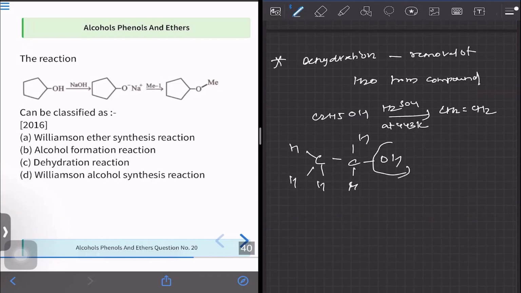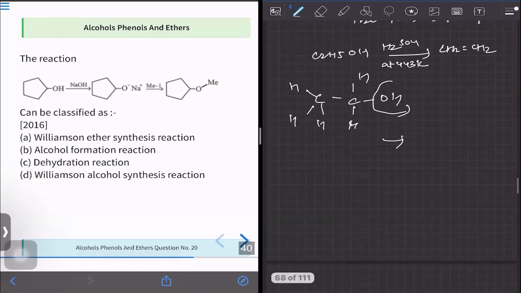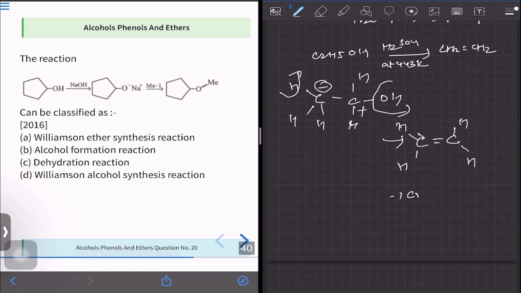OH is removed, then it produces a cation here. Then after removal of H plus, it produces a double bond between the carbons. It produces C2H4 plus H2O.